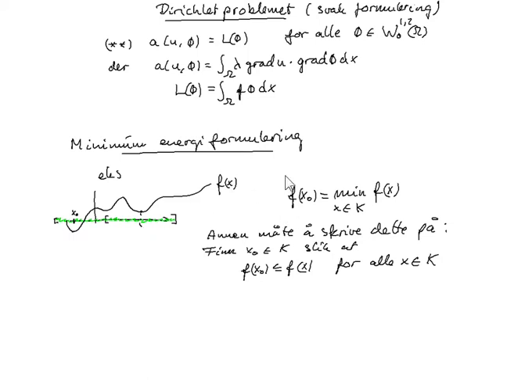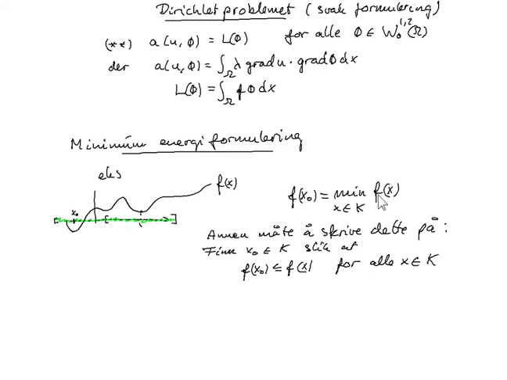So one way of writing this is that f of x0, which is the value of f of x at this point, we write in this way: the minimum taken over the set k, for all x element in this set k, of the function f of x.